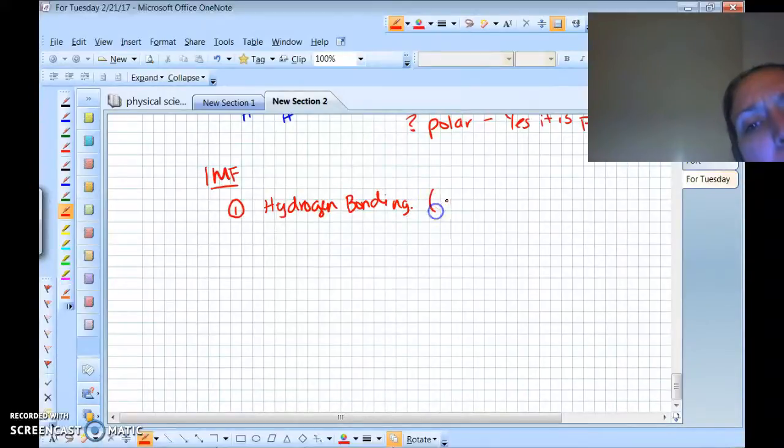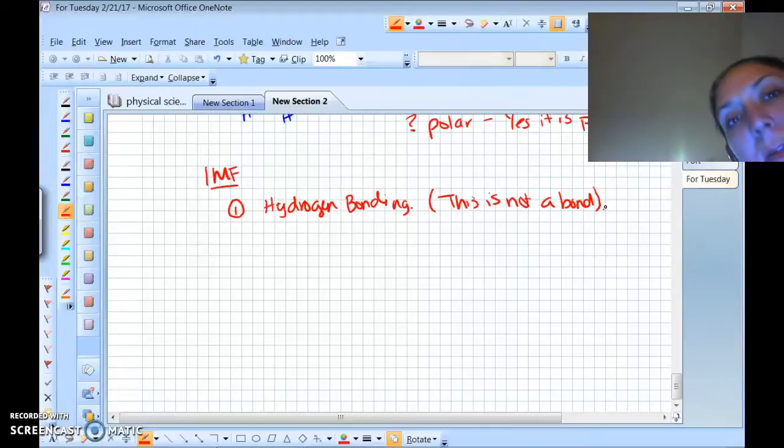Number one, this is not a bond. As it says in your notes, this is an attraction between a hydrogen from one atom and either nitrogen, oxygen, or fluorine in another atom.